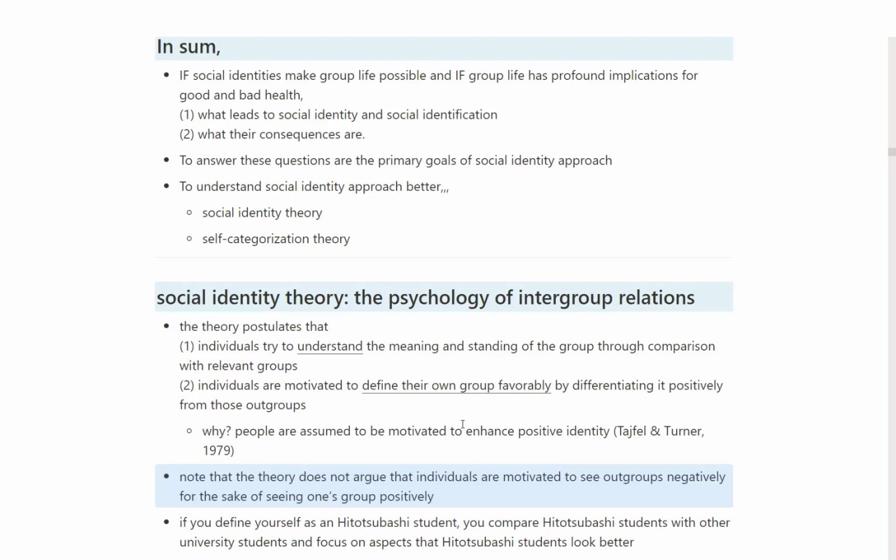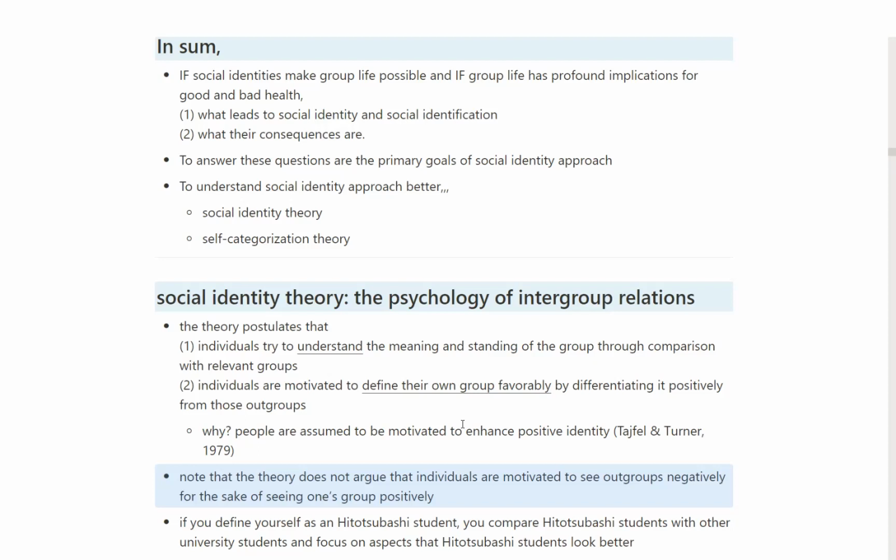Although what you actually observe tends to be that people talk negatively about out-groups, the starting point is that people first think about good aspects of their group, and then try to find other groups that make us look better.